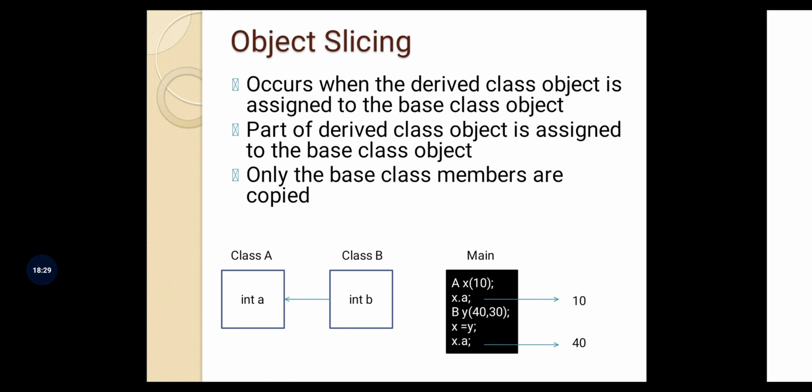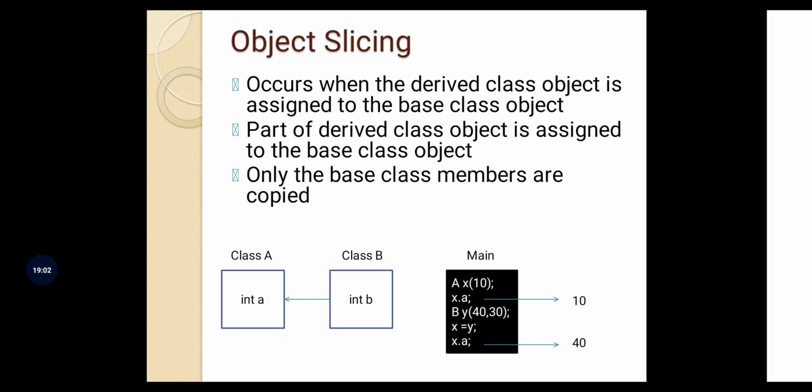So if you look at it, I've created an object of class A, that is X, and I've initialized the value 10. Similarly, I have B, which has two values, 40 and 30, and I'm doing X is equal to Y. In the derived class object you have the component of A. In this case, the component of A is 40 in the derived class and the component of A in the base class is 10.